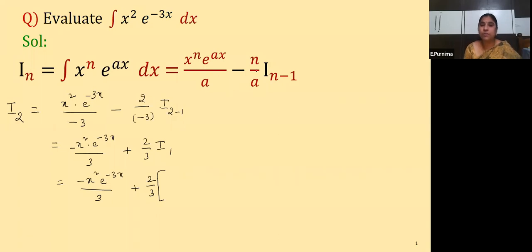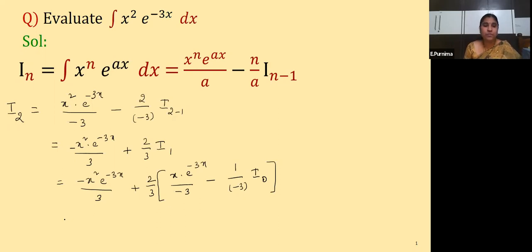So again let's substitute the formula. x to the power of 1, that is x only, into e to the power of minus 3x by minus 3. Minus n, n is equal to how much here? 1. 1 by minus 3 into I, what is the value here? 1 minus 1, that is nothing but 0. Shall I write directly here? Yes, you understood, no?